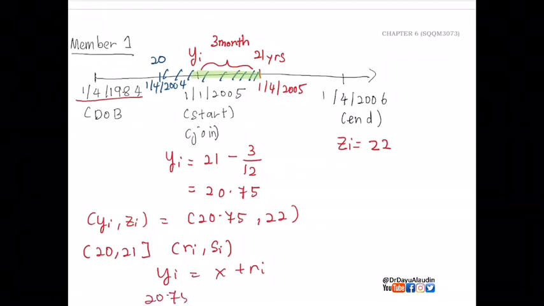Yi is 20.75, x is 20, so Ri is 0.75. How do you determine the Si? Zi is 22 and the interval estimate is 21, so Zi is greater than the interval estimate x plus 1.